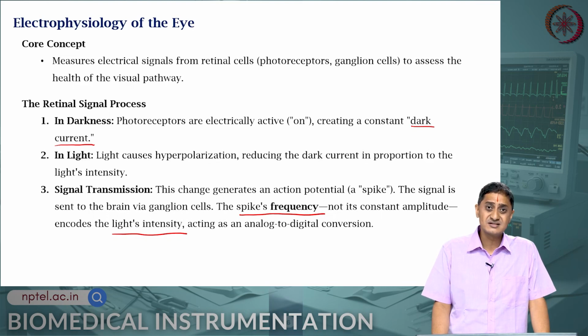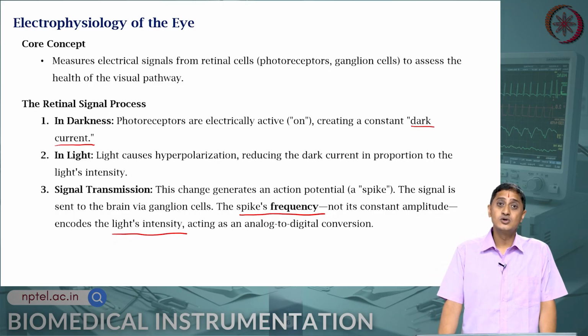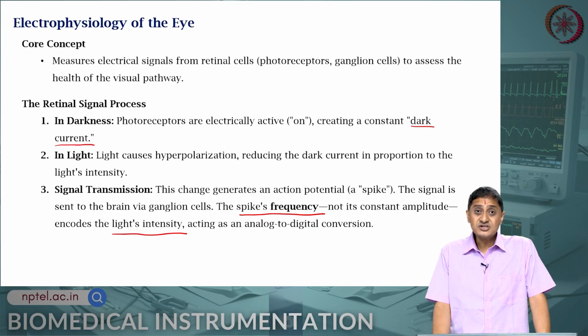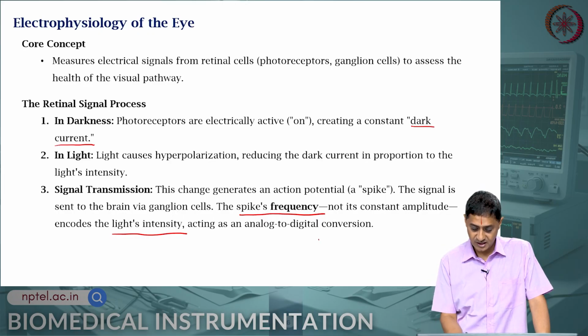That is a long distance in neuronal terms. 1 centimeter is a very long distance. 1 centimeter is 1000 kilometers in neuronal terms. So, it has to travel a long distance to ensure that the signal to noise ratio is minimal and the transmission is faithful. You perform this analog to digital conversion, essentially performing this frequency encoding or rate coding.